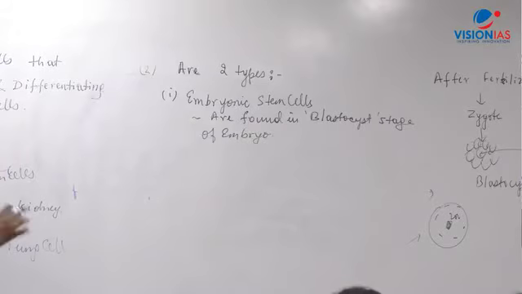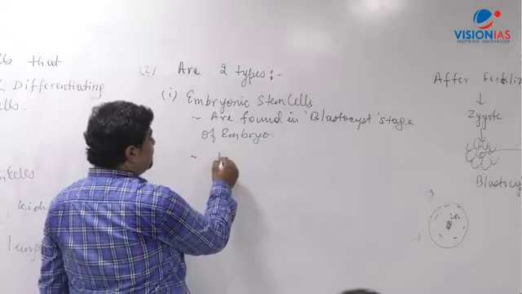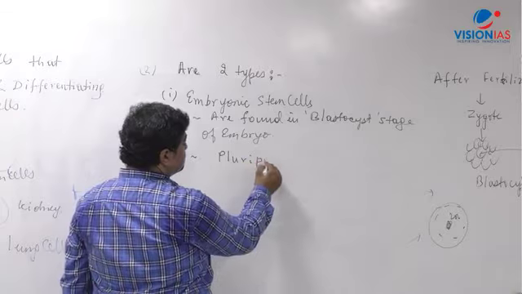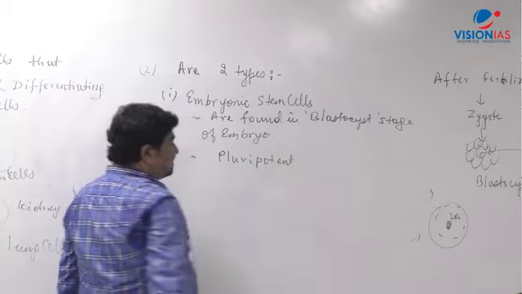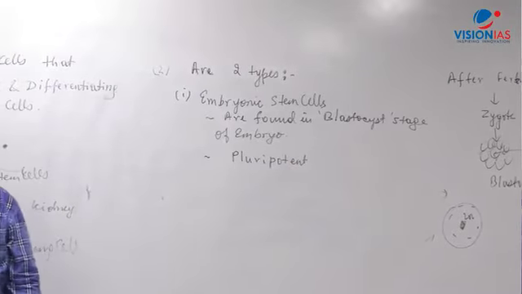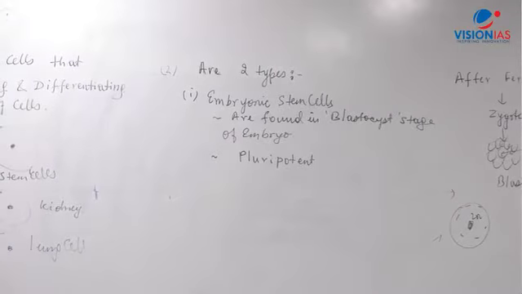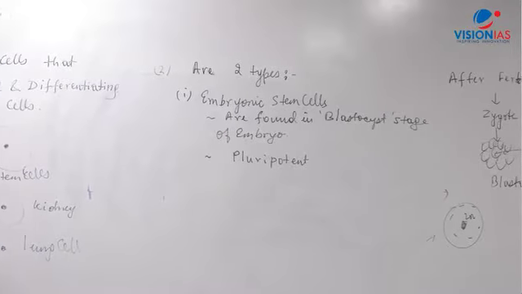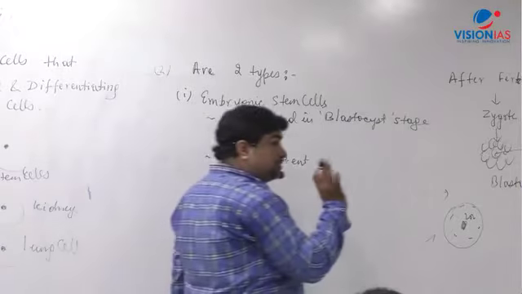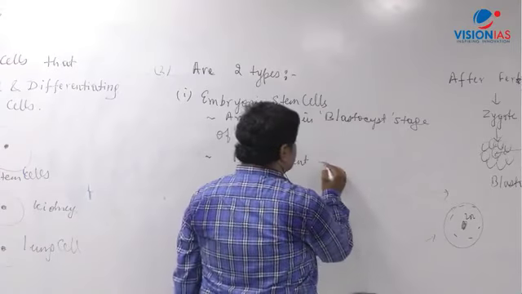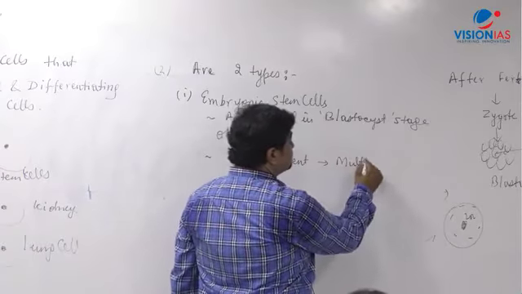And what is so unique about them? They are either pluripotent, I'm using the first one, pluripotent. Plural means multiple, plural type. And there's something called totipotent, total. Now there's a difference there. That's what I'm writing here. Pluripotent means multiple types of cells they can produce.